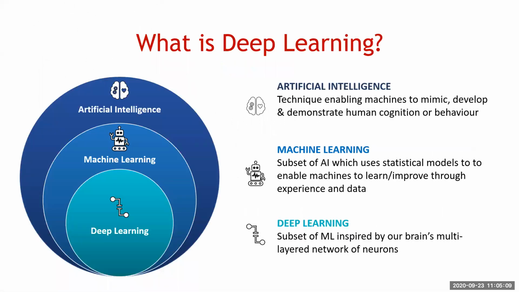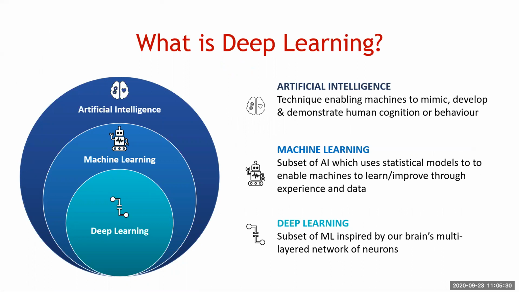So what is deep learning? It basically sits in a bit of a hierarchy where artificial intelligence is the overarching group, and within that there's machine learning, and then deep learning is actually a subset of machine learning.